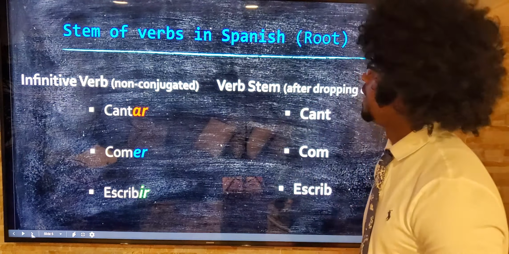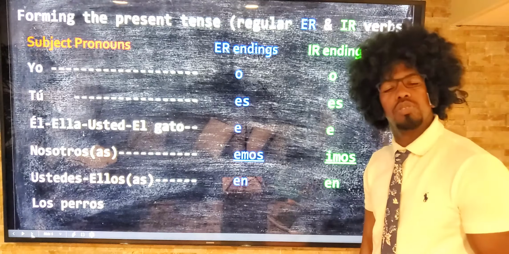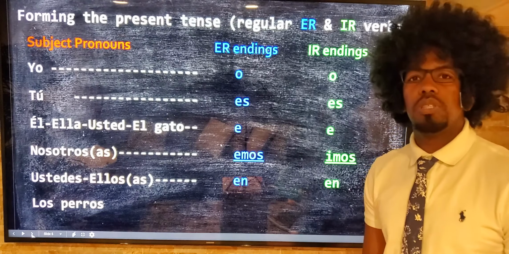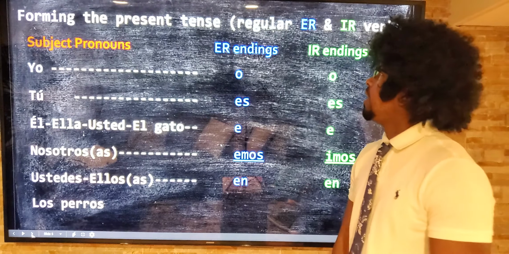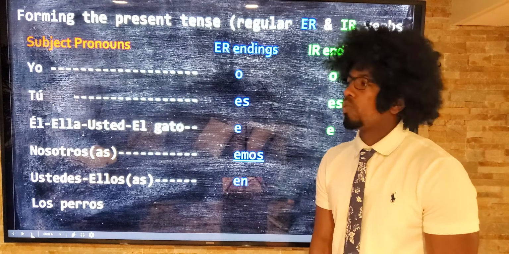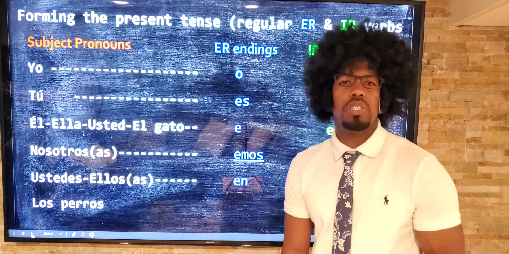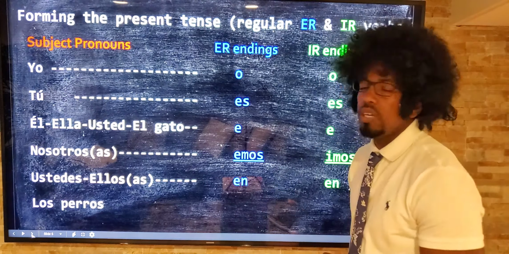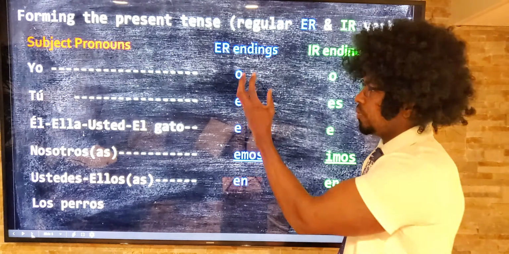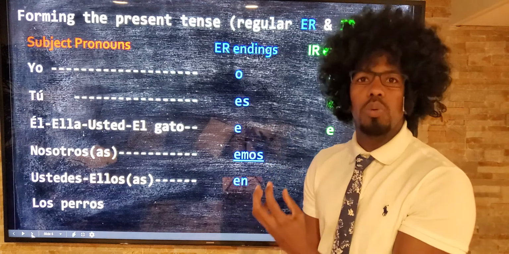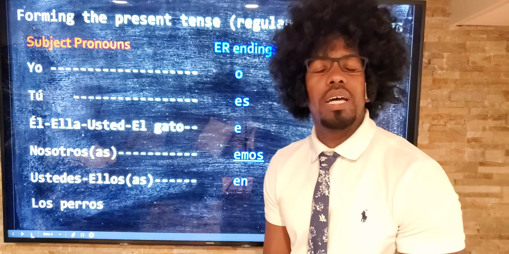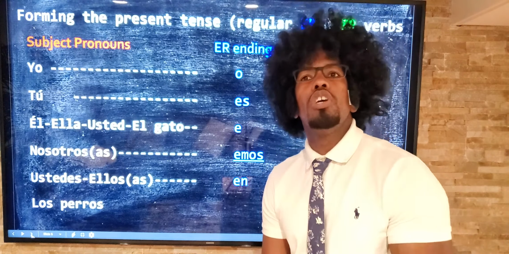So here we have slightly different endings compared to the AR verbs. So how do I form the present tense of verbs when I have an ER verb or IR verb, right? So here's the thing, we use the same structure that we use for the other one, same way we did with the AR, we do with the ER and IR. So we're gonna drop the ending of the verb first, and once we drop the ending and we have that stem, then we're gonna add these new endings that are the ones that I need to form the present tense, okay?